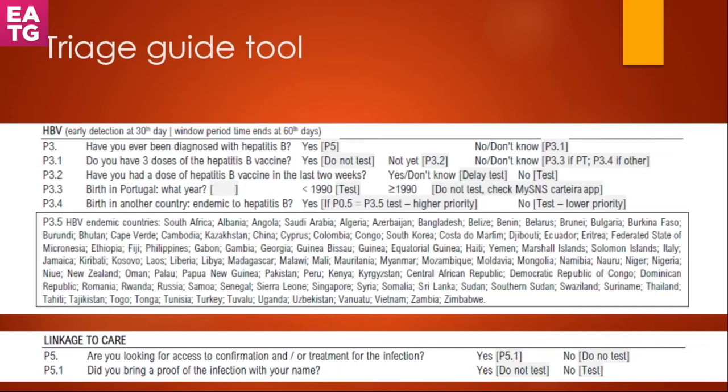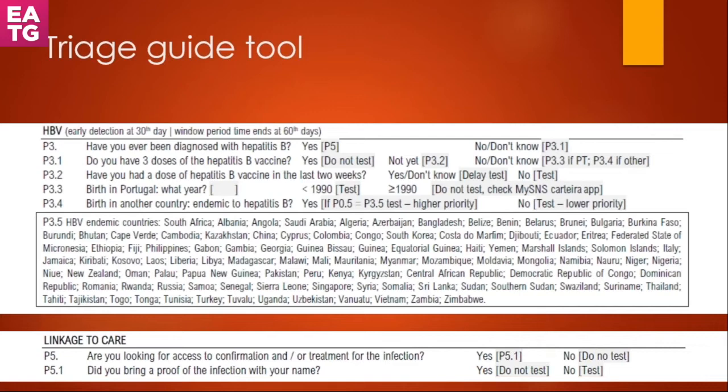So if a person is born in another country, not in Portugal, we should look if it is endemic for hepatitis B. And in question 3.5, we have the endemic countries. In Portugal, they are organized from A to Z, but as I did the translation with Google Translate, this is not anymore from A to Z.